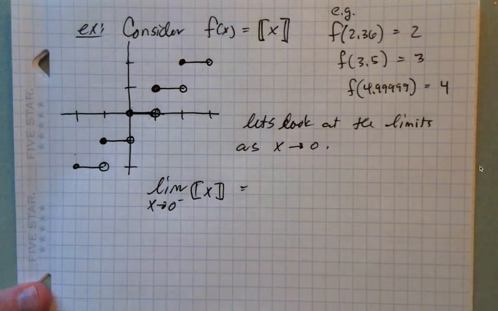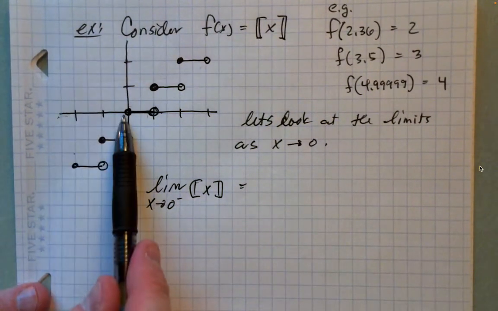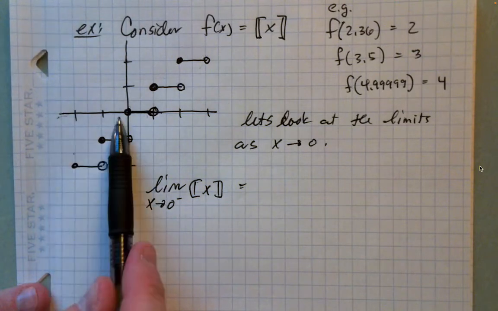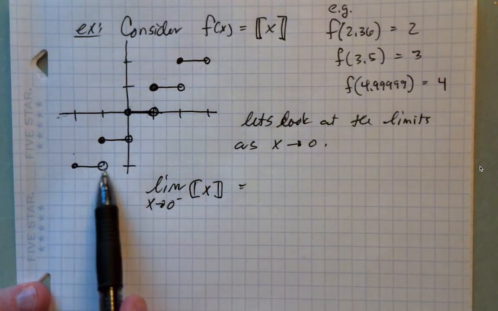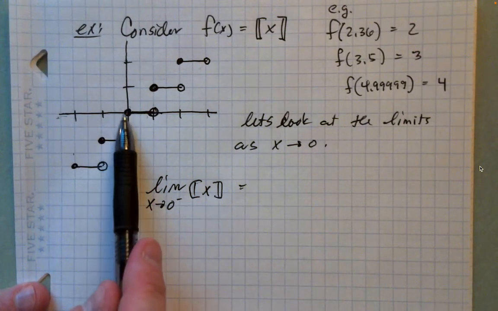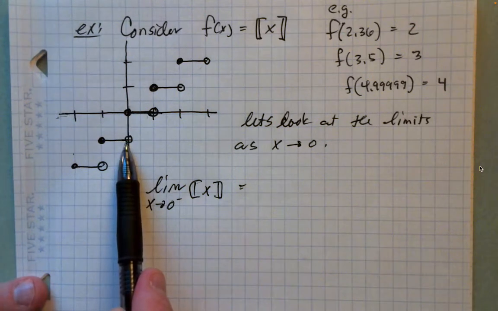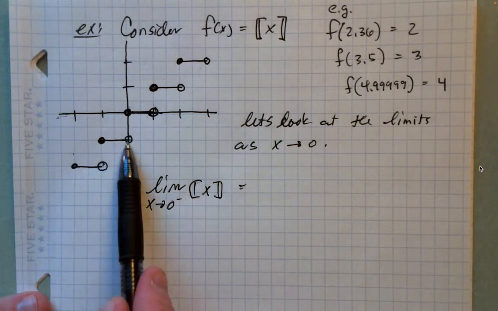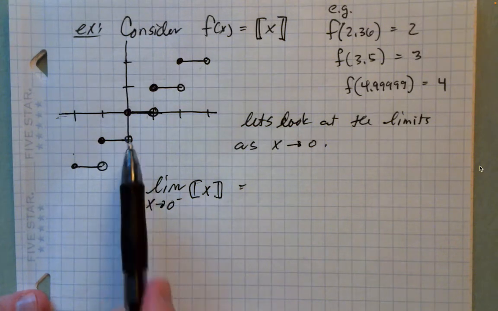What would happen? We're approaching 0 on the x-axis, so first we'd be down here, then we would jump up here. As we get closer and closer to 0, we would be down here, and the limit would be -1.